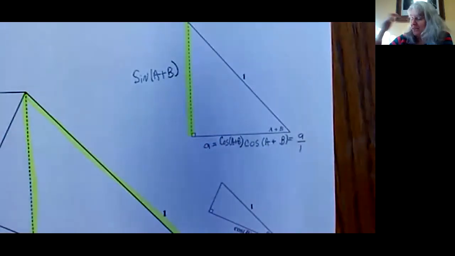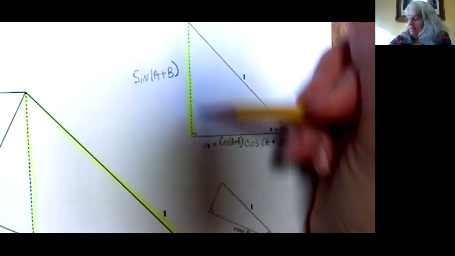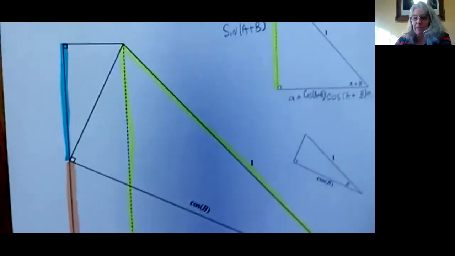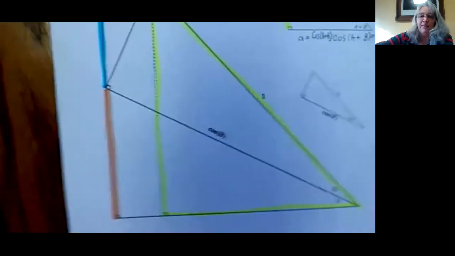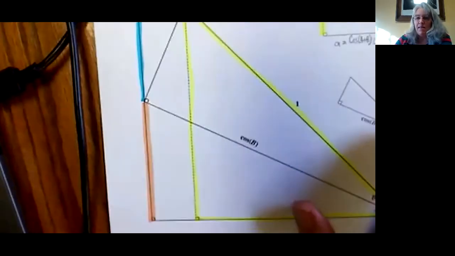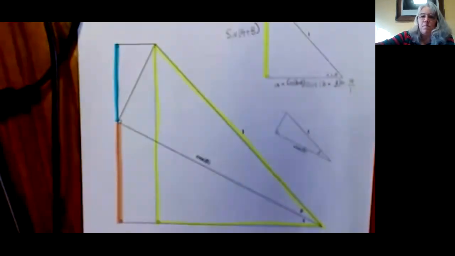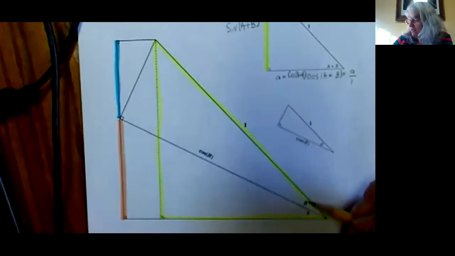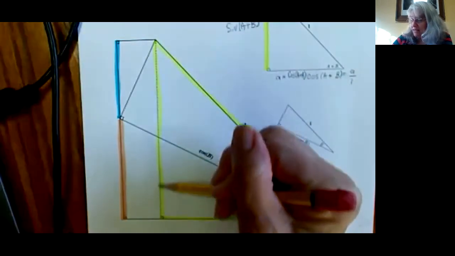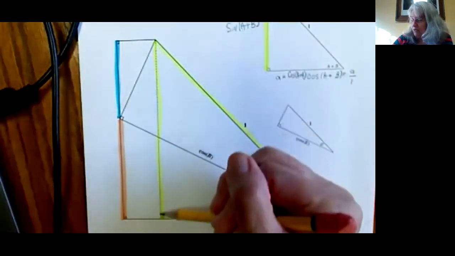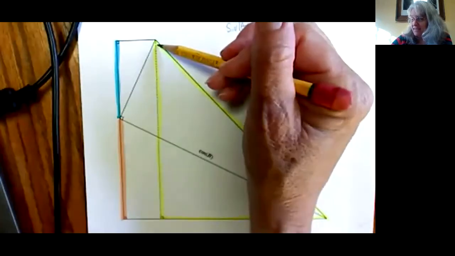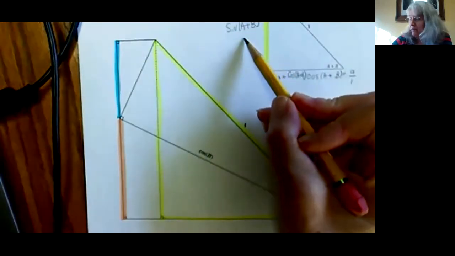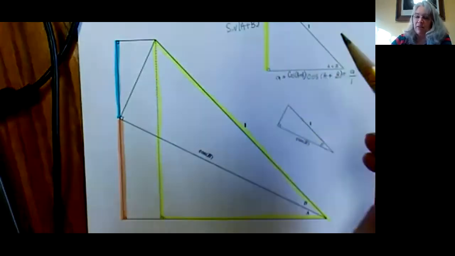Keep in mind, this triangle is being represented again by this triangle, and the sine of our right triangle is going to be this length. So if we can figure out what this length is, then we know what this is going to be equal to. Now we're going to do that by looking at other triangles.